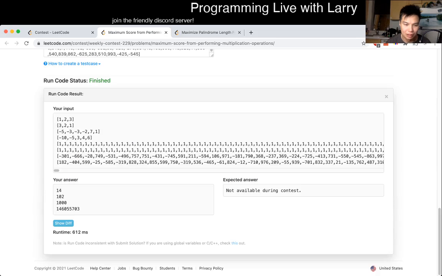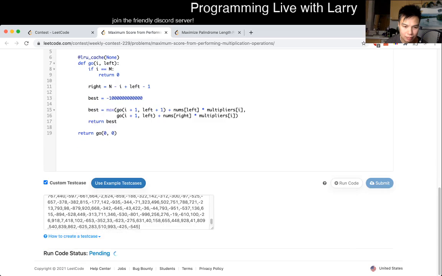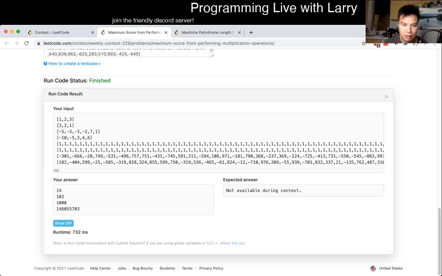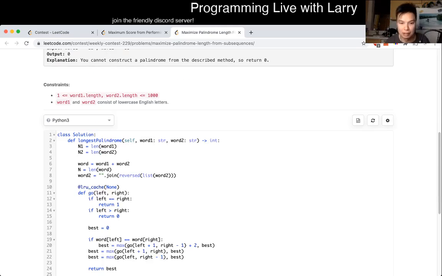Is it just luck? Because there's literally a lot of fluctuation in running time. I didn't change the code. This is ridiculous.